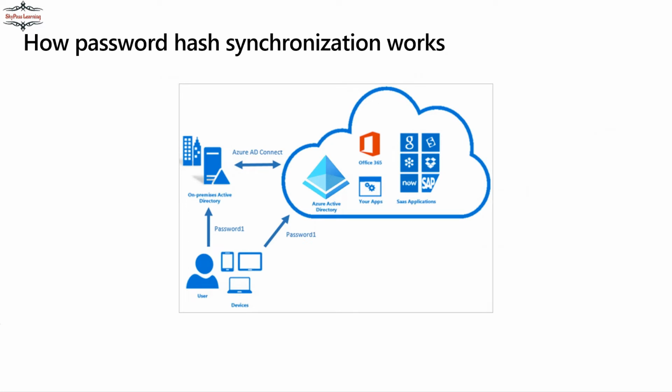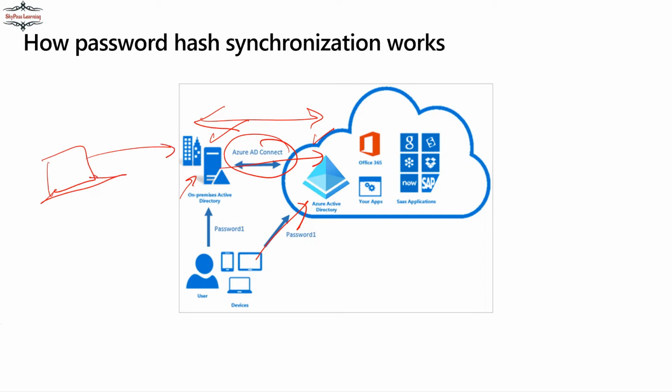Here, you can see the working scenario for the password hash synchronization. The data is already synced from on-prem to cloud. If you want to access the on-premises environment, you can simply access it, and if you want to access the cloud services, you can access them in the cloud because the username and password information is synced with each other. So if I'm logging in to the corporate network, like my desktop or a laptop which belongs to my on-premises environment, I can access that.